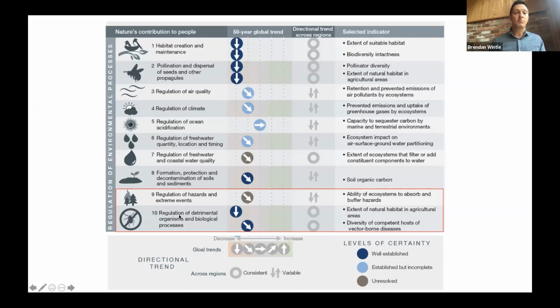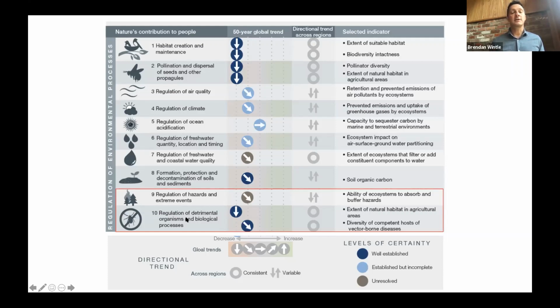And down the bottom are some other services that I think are particularly pertinent for us to think about at the moment. Number 9, the regulation of hazards and extreme events. That we've been witnessing in Australia over the last year. The drought followed by the fires is a sign to us that the ecosystem and the system itself is starting to fail in its capacity to regulate the hazards of these extreme events.